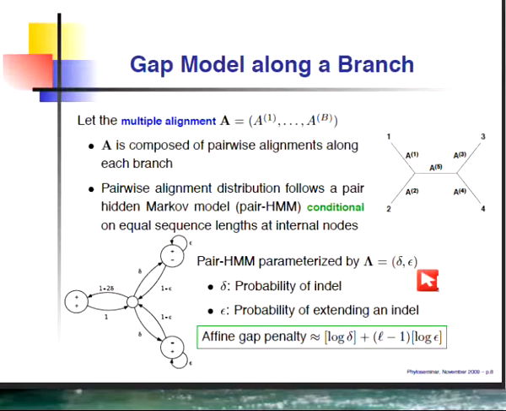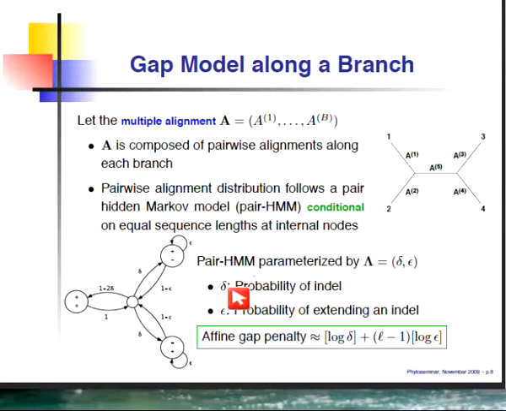For example, in coding regions, you might expect that insertion deletion events of length multiples of 3 are much more likely than not. Then you can add on three of these emissions in series and come up with a nice probability distribution that puts a much greater mass on 0, 3, 6, 9 than it does on 1, 2, etc. Also, we can start to introduce time dependence into this process right here.